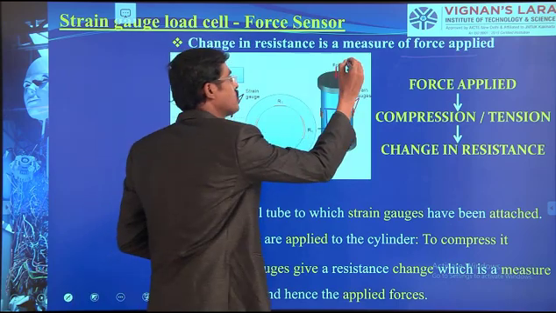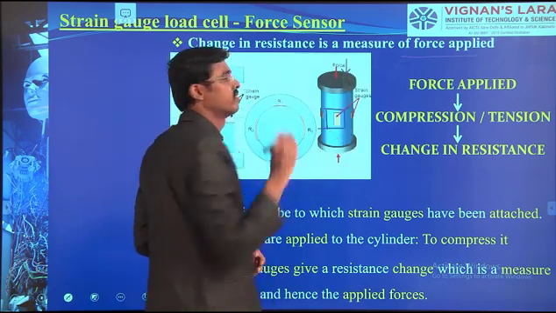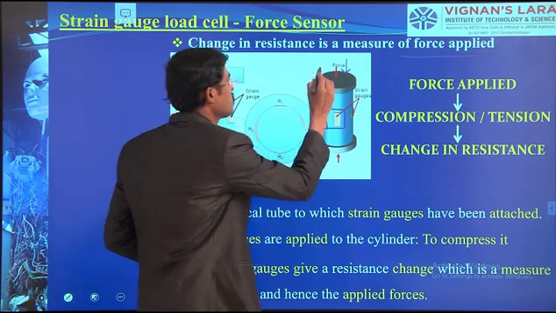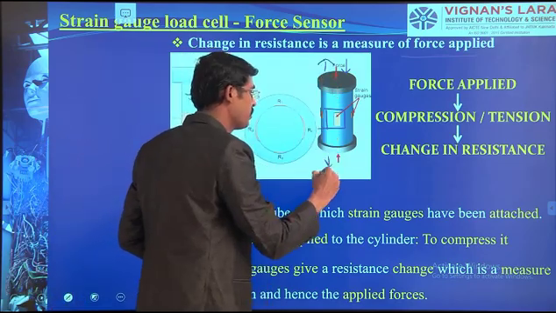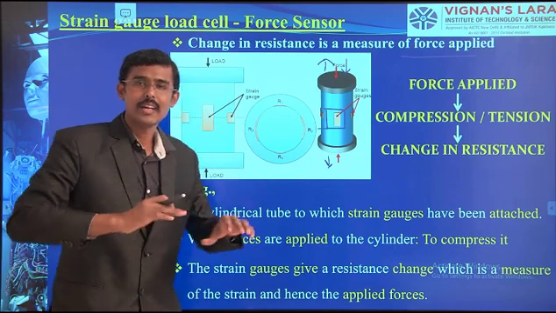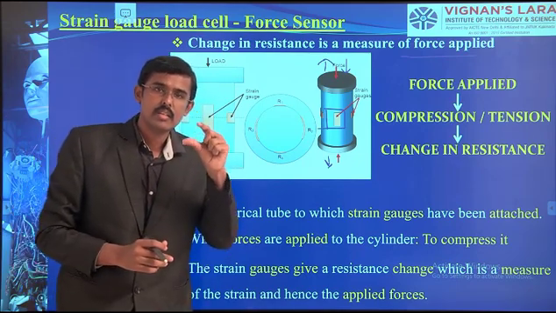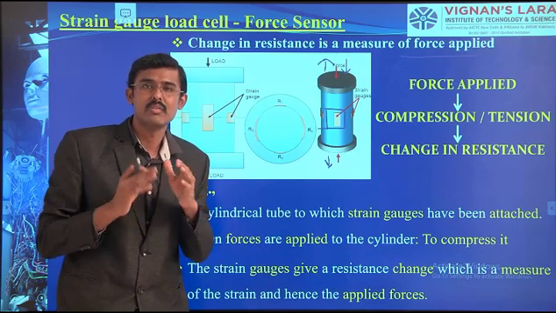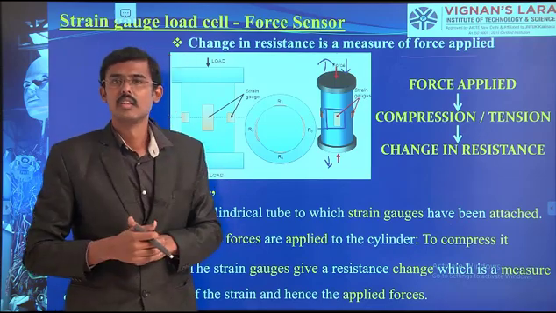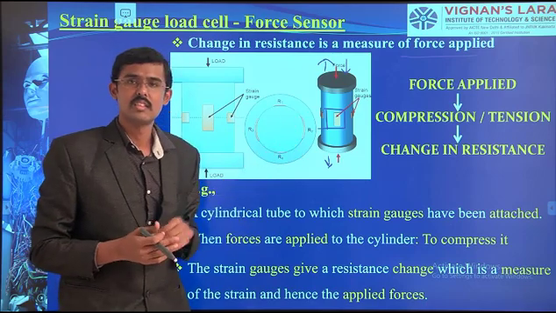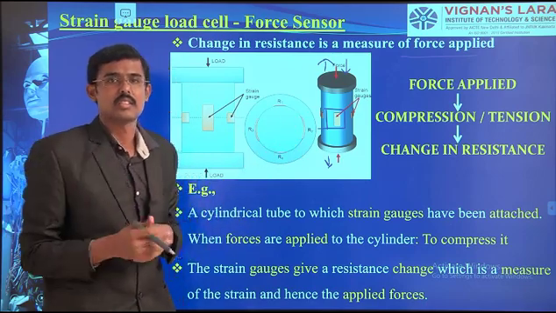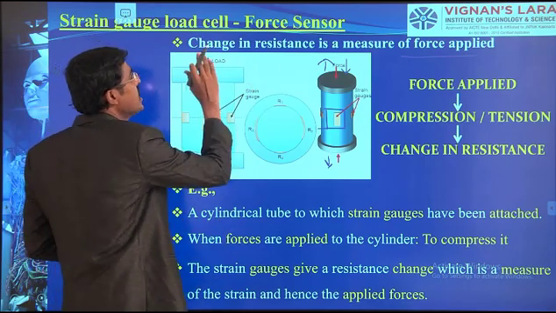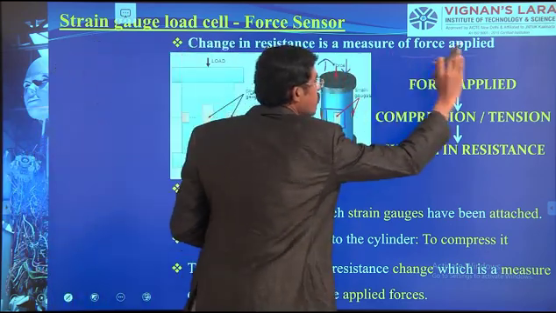When a force or load is applied here, what happens? It compresses. Otherwise, when a tensile load is applied, it expands. So the strain gauge expands or compresses when the load is applied, and its resistance changes in proportion to the force applied. That is what I have written here: change in the resistance is a measure of force applied.